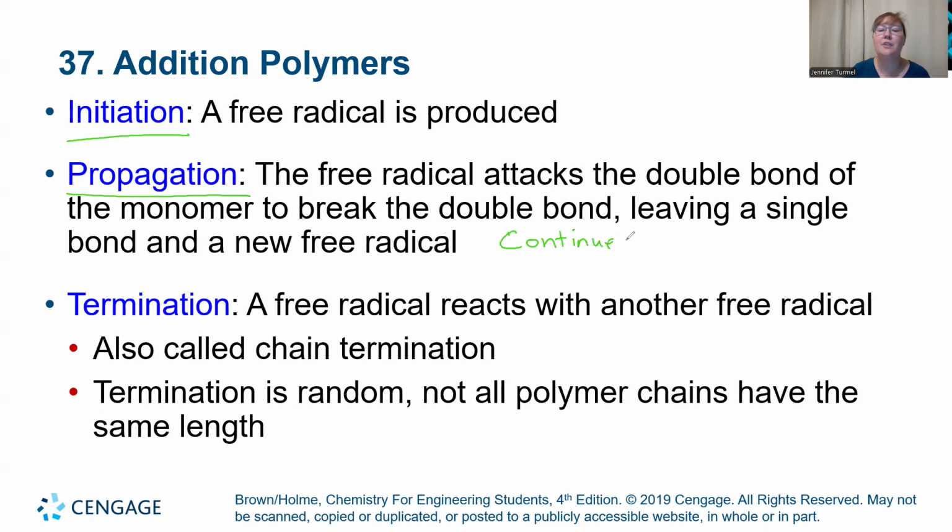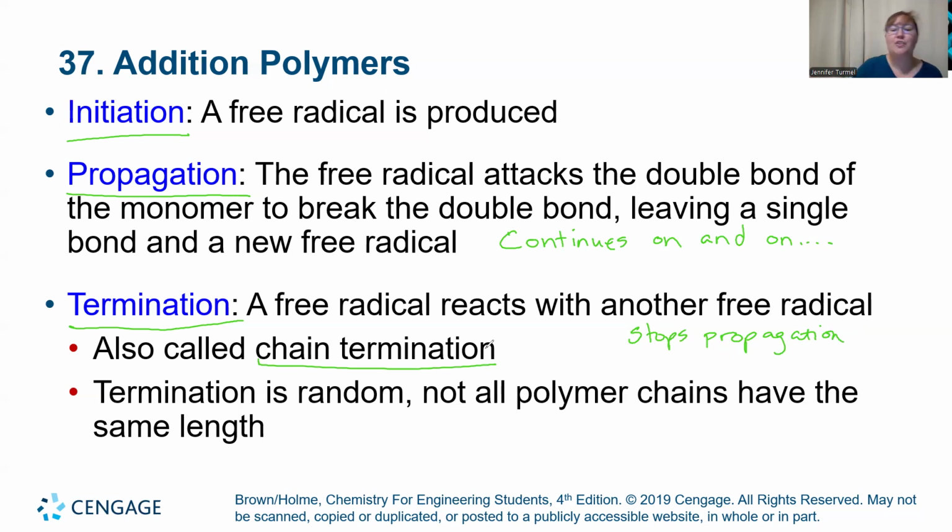This continues on and on until termination occurs. And this is when a free radical reacts with another free radical. This stops the propagation. And because of that, sometimes it's also called chain termination because it terminates the chain, not just the process itself.